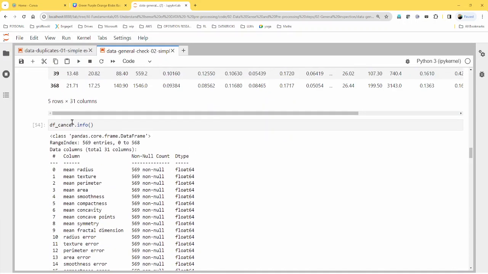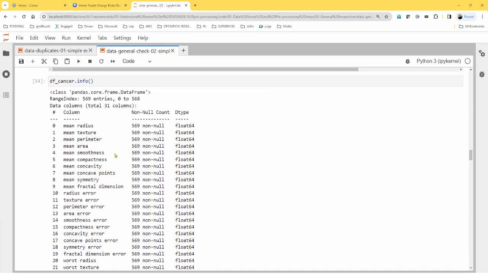So first thing, the info will tell you the information about the data in the data frame. The useful thing that we can derive from the output is, let's look at the number of entries, 569. Here the number of entries 569 are not null.